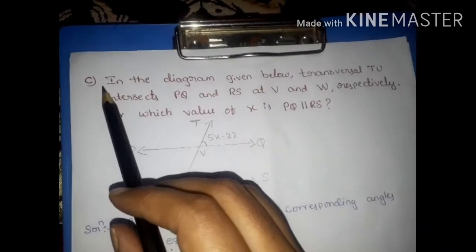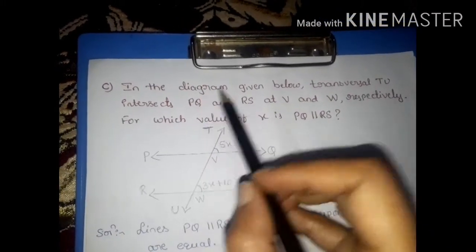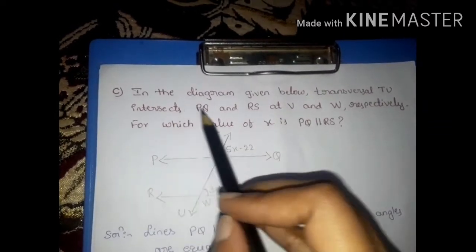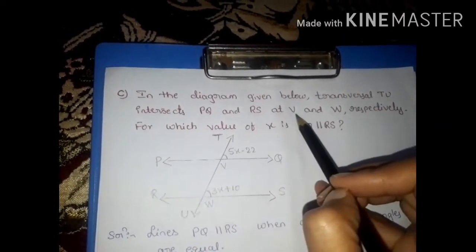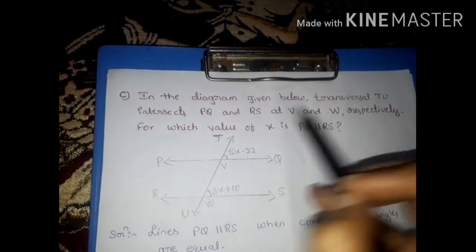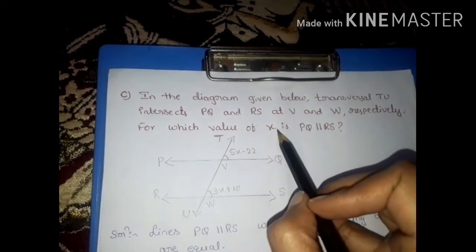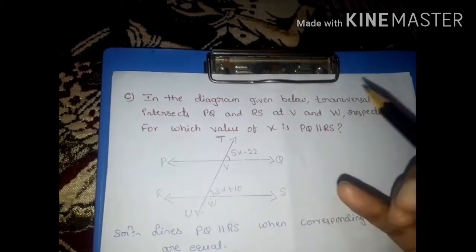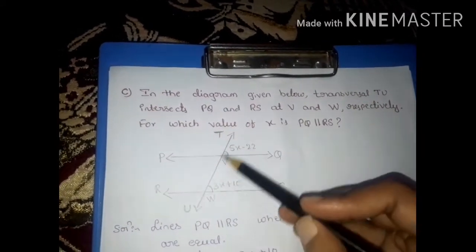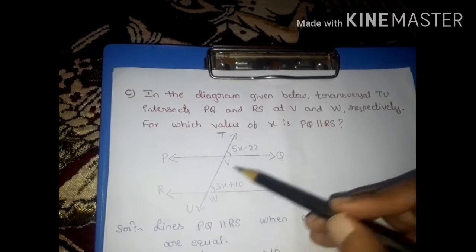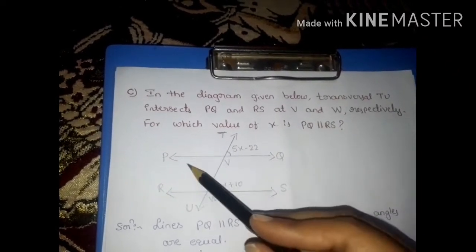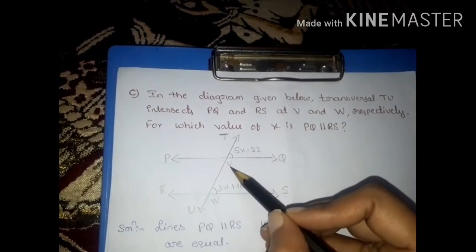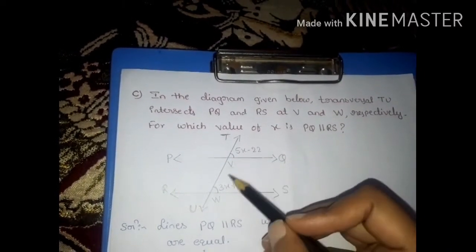See the question. In the diagram given below, transversal TU intersects PQ and RS at V and W respectively. For which value of x is PQ parallel to RS? Here TU is a transversal which cuts two lines, PQ and RS, at different points V and W respectively.